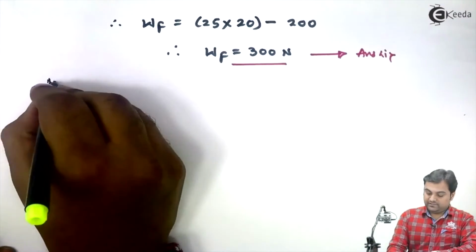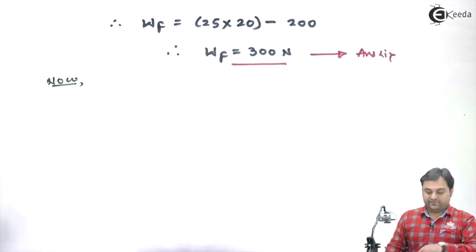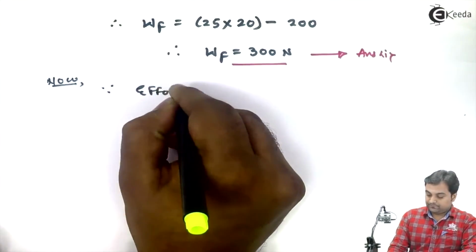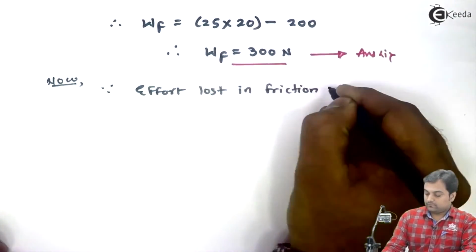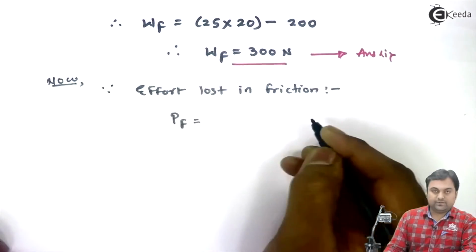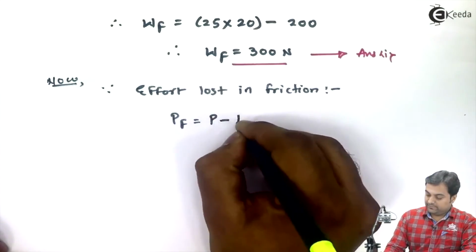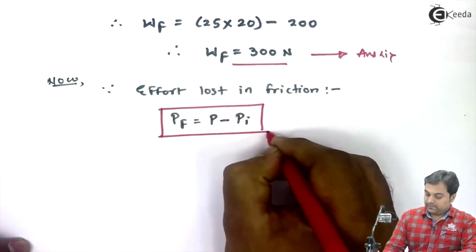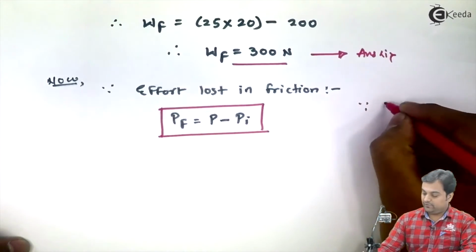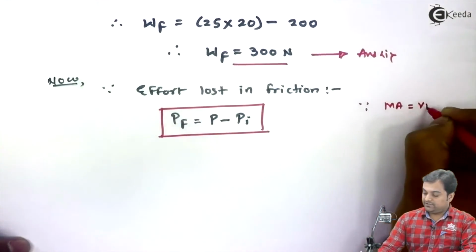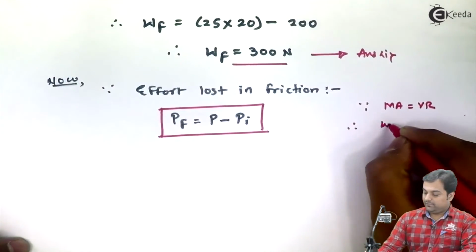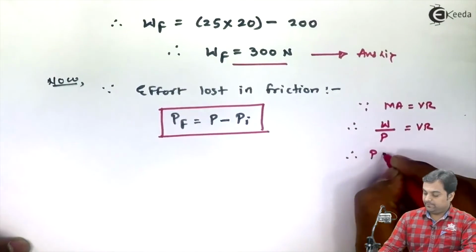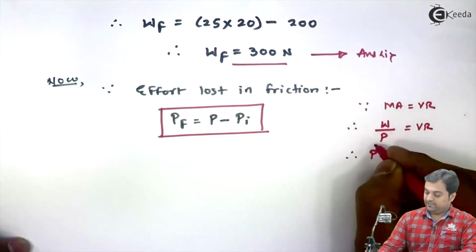Now the second part is, they are saying to calculate effort lost in friction. So I'll write down, since effort lost in friction, P suffix F is equal to actual effort minus ideal effort, because actual effort is more. Again for ideal effort I'll derive the formula from mechanical advantage is equal to velocity ratio. Therefore mechanical advantage is load upon effort equal to velocity ratio. Therefore P, I'll shift it onto the other side. VR comes here.